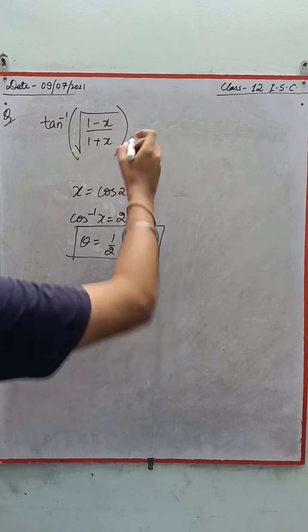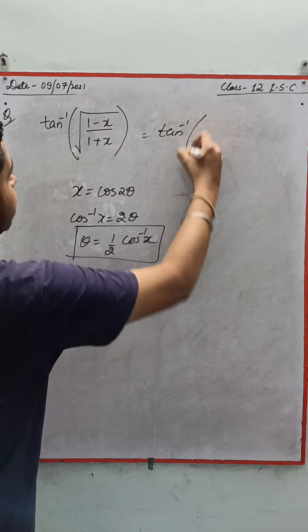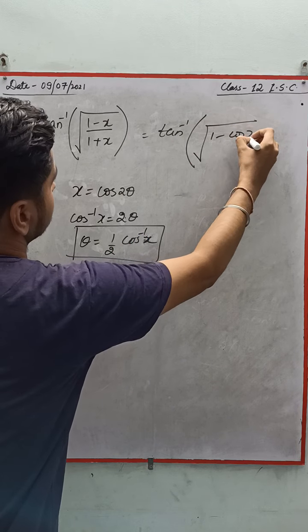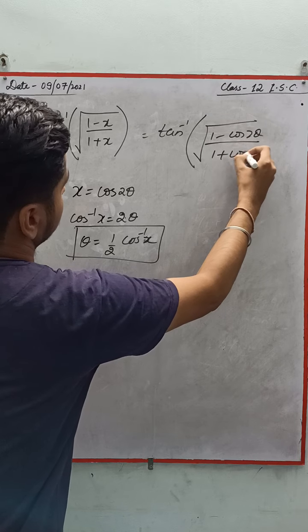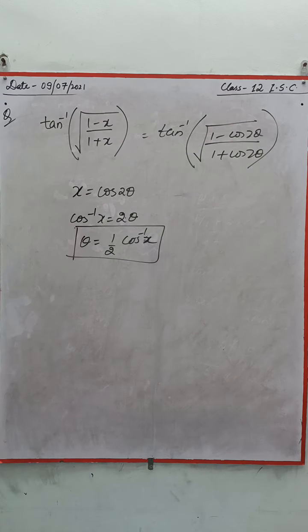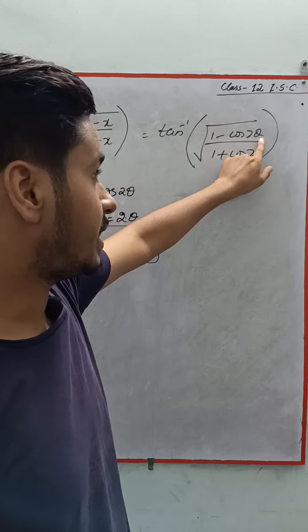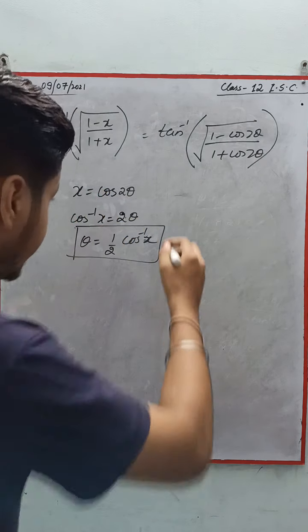Now why have I taken this as cos 2 theta? Because on putting the value here, it will be tan inverse under root of (1 minus cos 2 theta) upon (1 plus cos 2 theta). Because 1 minus cos 2 theta will give you 2 sine square theta.